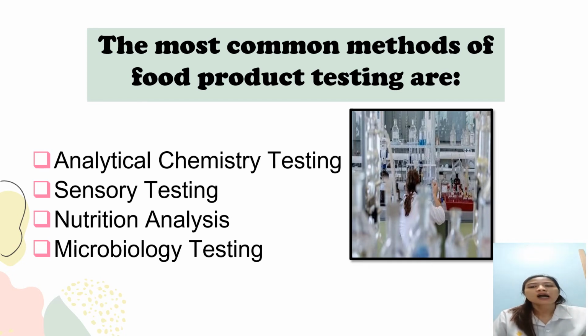It involves finding out the nutrition composition of food. The information gathered is used on the product labels. Lastly, we have microbiology testing. Microbiology testing involves analyzing for microorganisms and contaminants in food.